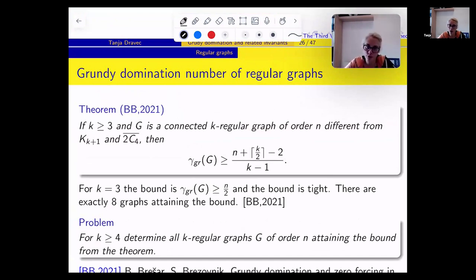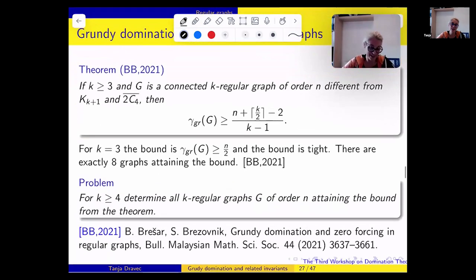They proved a lower bound for the Grundy domination number in connected k-regular graphs. Maybe I just explain that this bound is half of the order for cubic graphs. So they proved that for cubic graphs, the Grundy domination number is at least 1/2 of the order. And they also proved that the bound is sharp, and they characterized extremal graphs for this bound.